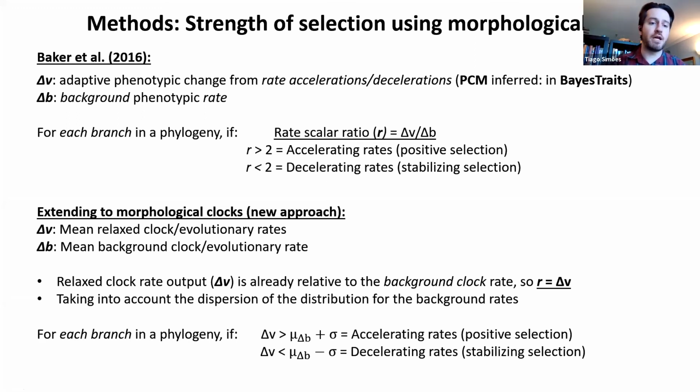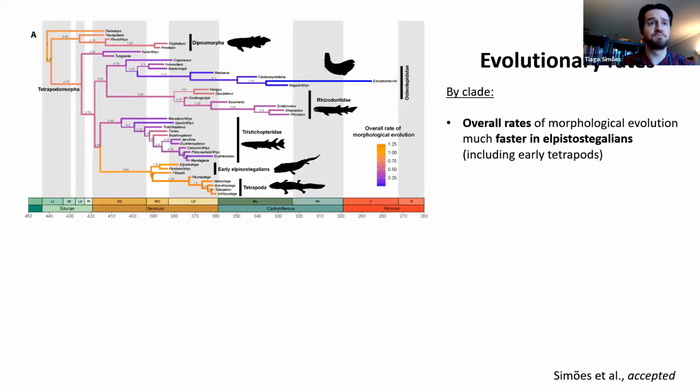And if we find those rates to be less than the background rates minus one standard deviation, they are significantly decelerating. And by taking that and plotting that over the data set, we can actually see which branches of the tree are undergoing different selection strengths.